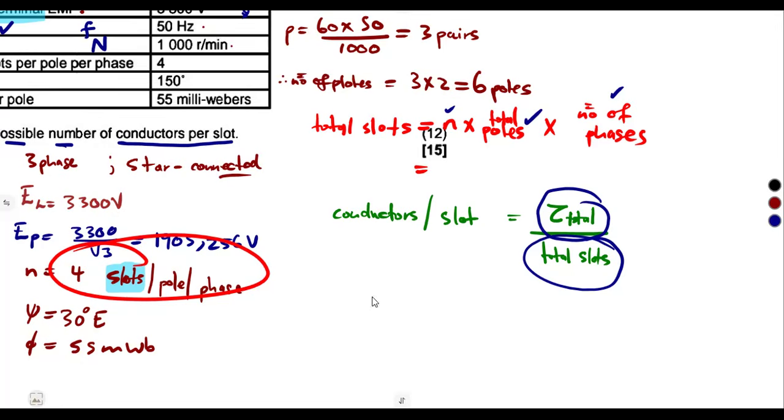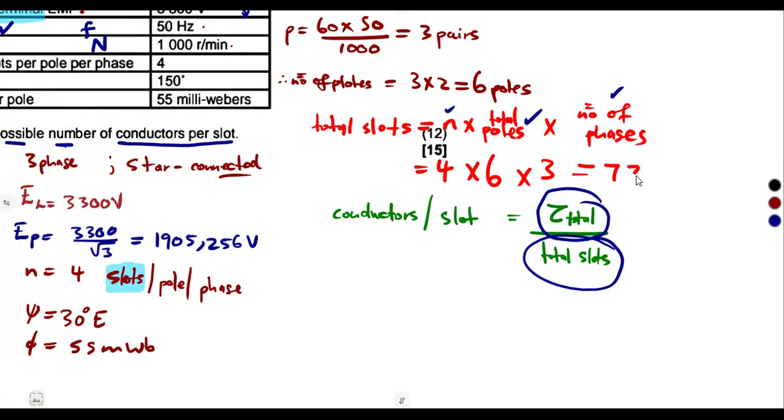Remember, the n is the part that carries our slots. So that's 4 times the total poles, which we calculated as 6, times the number of phases. Remember, it's a 3-phase. Multiplying this, we are going to have 72 slots.